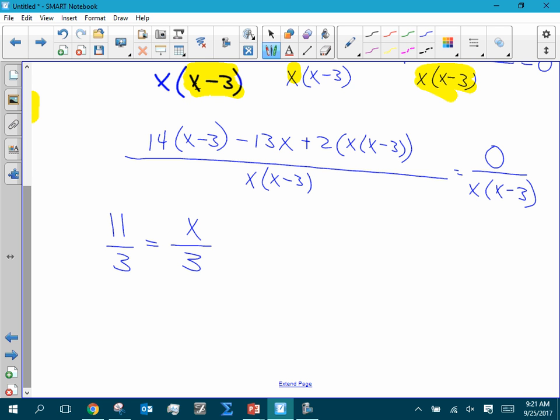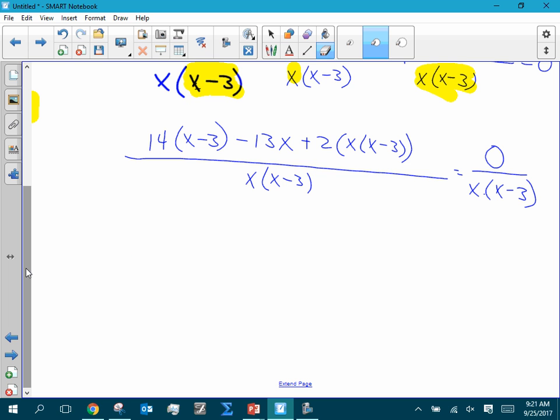So what's it tell me the numerators have to be? Have to be the same, right? X has to be 11. So if these are the same denominators, what's that tell me about those numerators? They both have to be the same. I have to be able to take 14x minus, what's that, 52? 42?